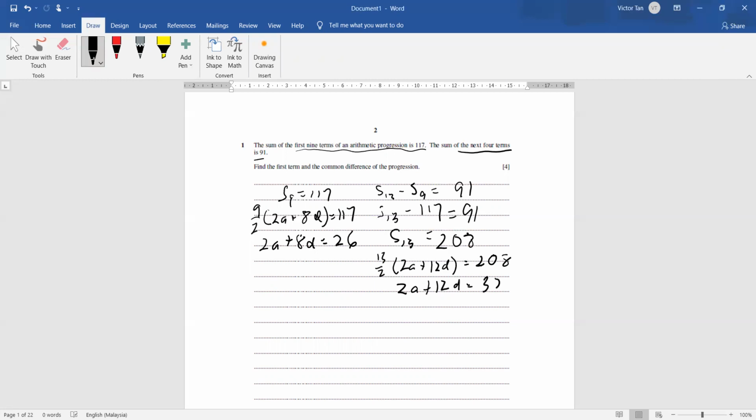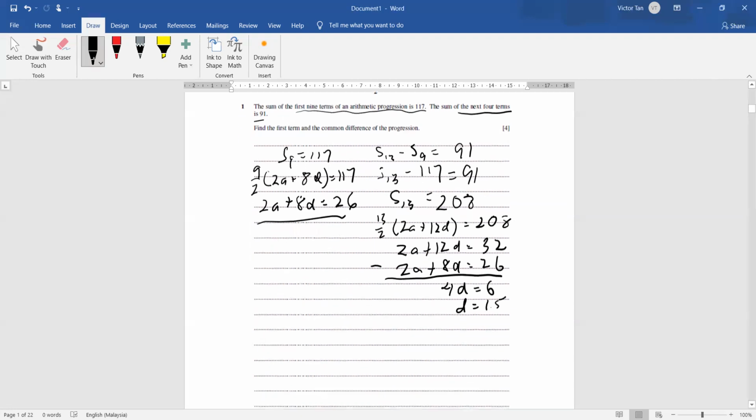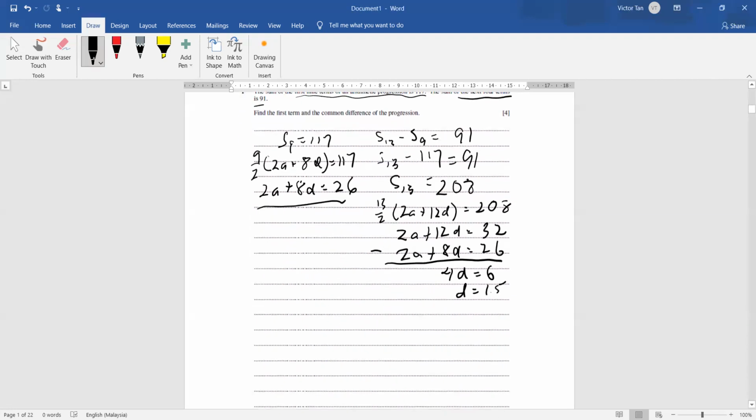Goes to 32. Now bringing this equation down here equals 26. Take away, we are finding a and d using simultaneous equations. 4d equals 6. d equals 1.5. This is the first term, the difference.